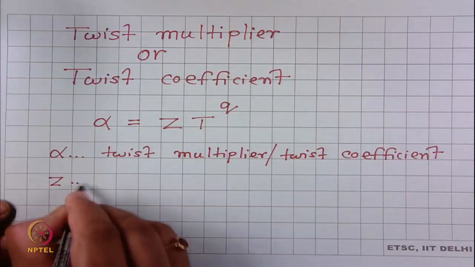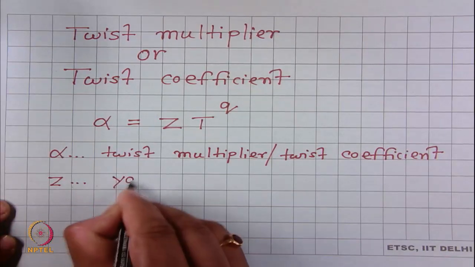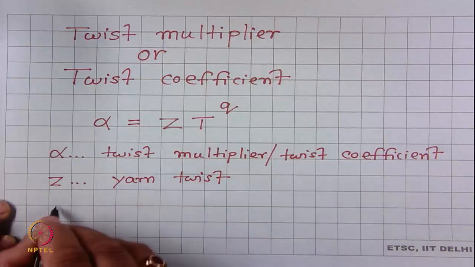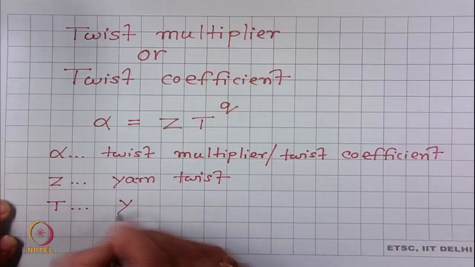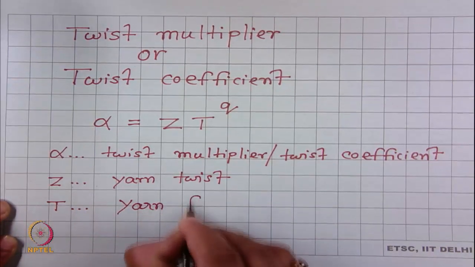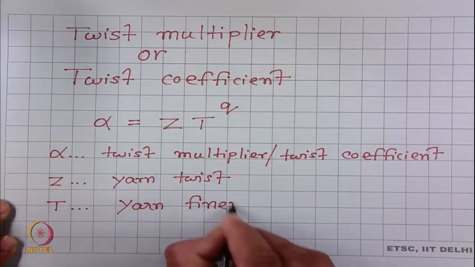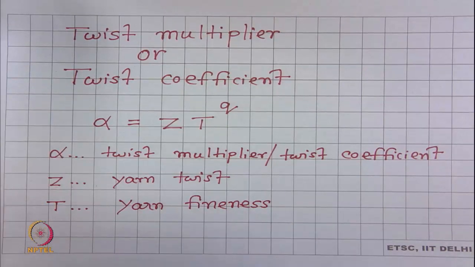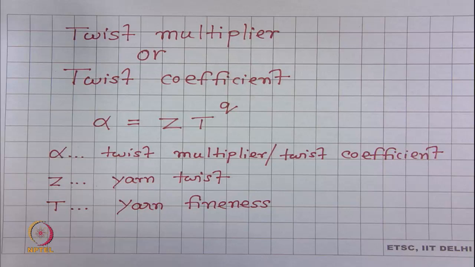Z is yarn twist, T is yarn fineness in direct count. We have defined throughout this module yarn fineness in direct count.